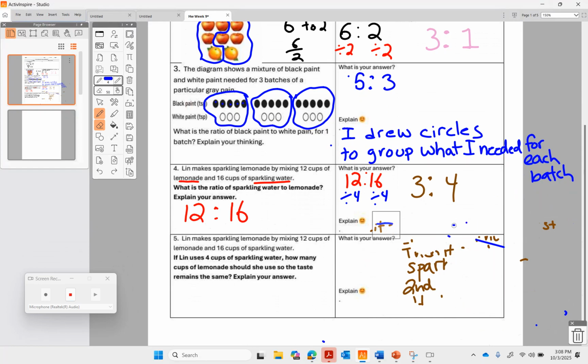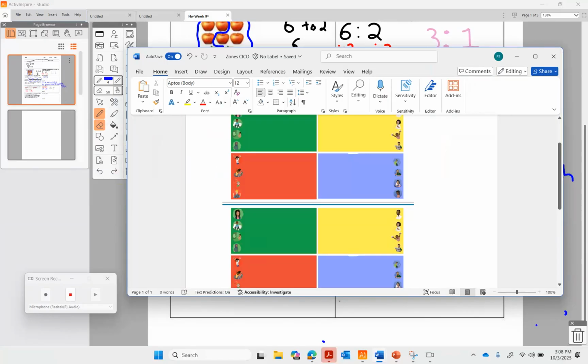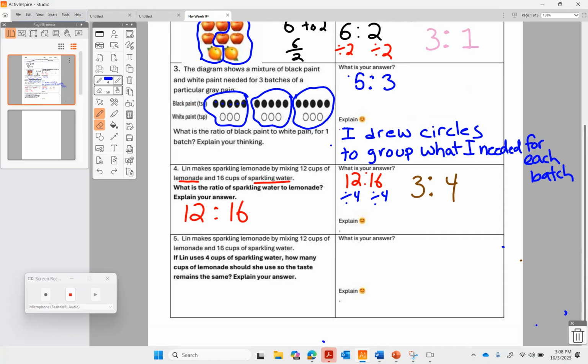Once I found the GCF of both numbers, oh, that's not what I want. Let's go back over here. I divided 12 and 16 by the GCF of 4.